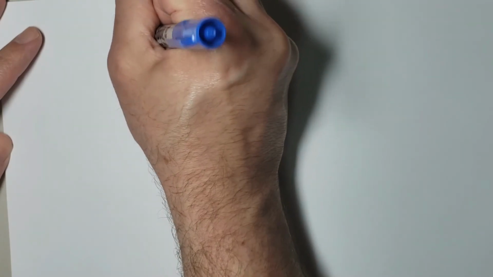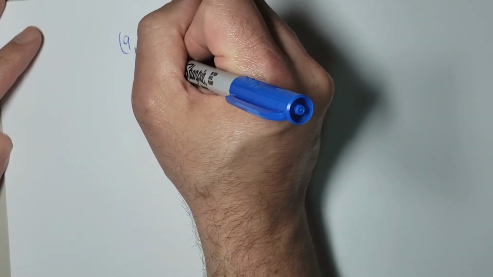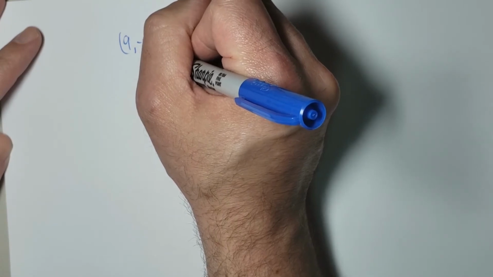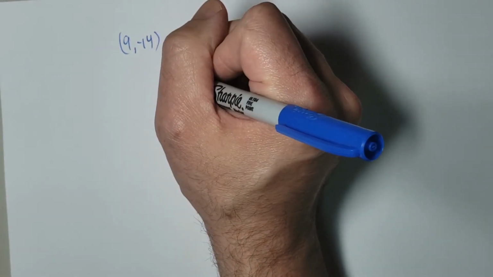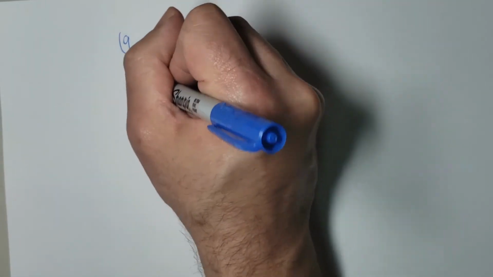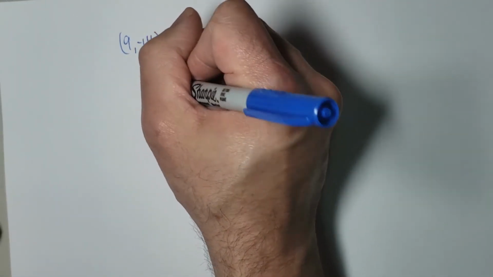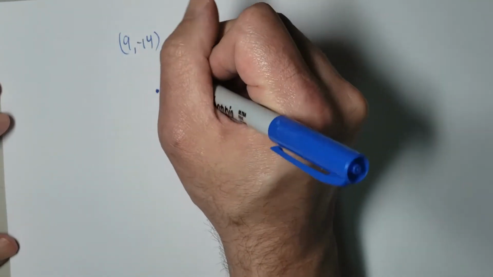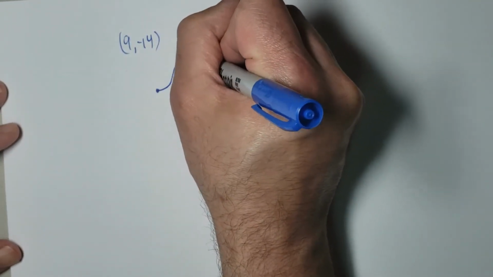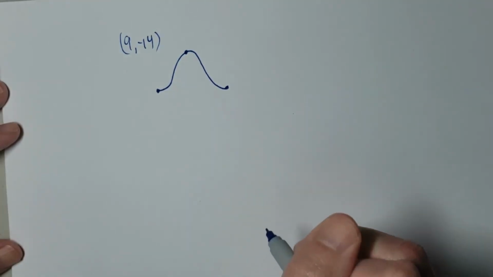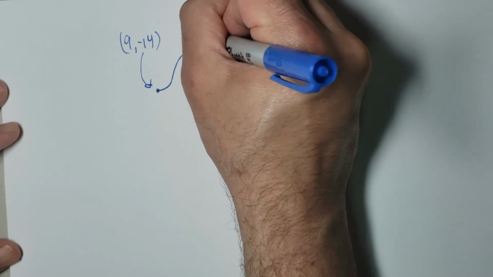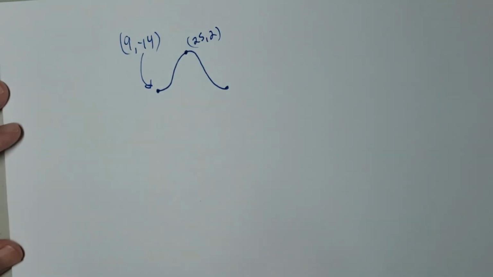All right, do number 8. Cosine function that starts at the point 9, negative 14, and then goes to its maximum and continues. So if it's starting at the point 9, negative 14, and then going to its maximum, we know that cosine either starts at its minimum or its maximum, so it must be starting at its minimum, and goes to its maximum there.